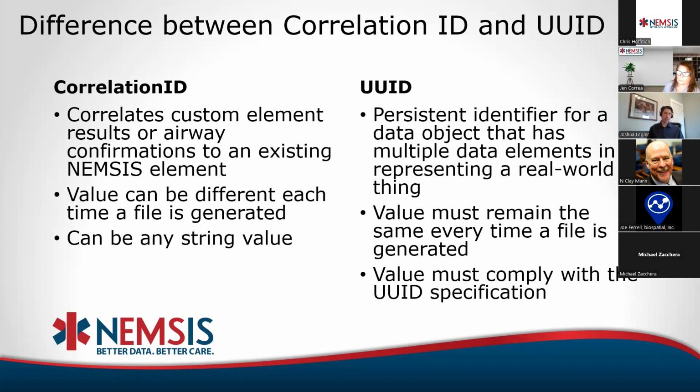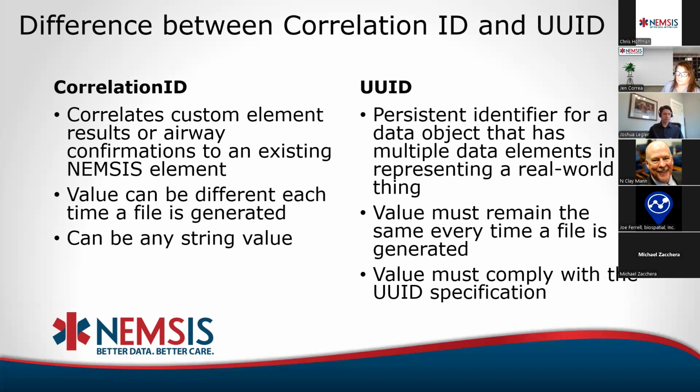When we were adding the UUID to the NEMSIS standard, we had discussion about what to do about the correlation ID. And we said, does it make sense for places that have both a correlation ID and a UUID to just use the UUID instead, or something like that? And we decided to just keep these two concepts completely separate from each other.